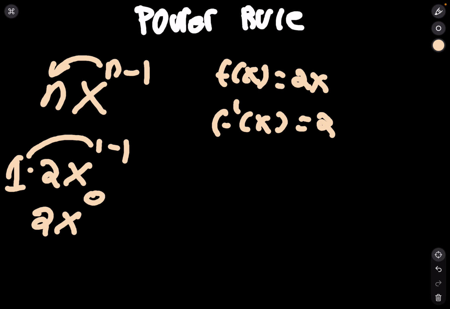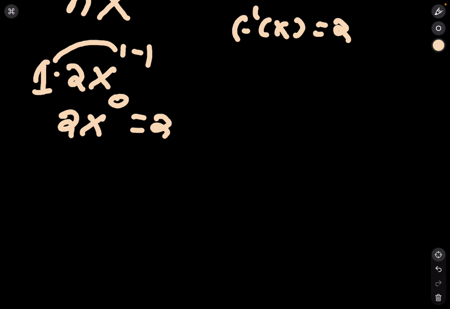And we know that anything to the 0th power is just 1, so our slope would just be 2. And so that's a way that you can use the power rule to show that the slope for the function 2x is just 2. And here's what I mean. So let's look at another example.